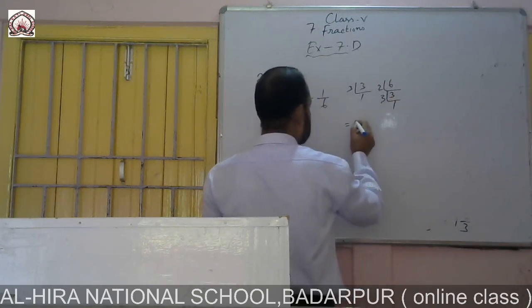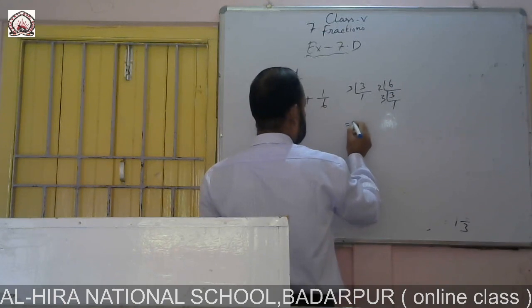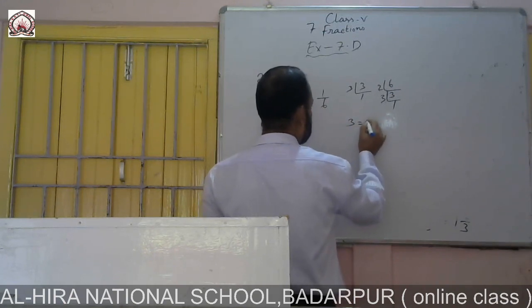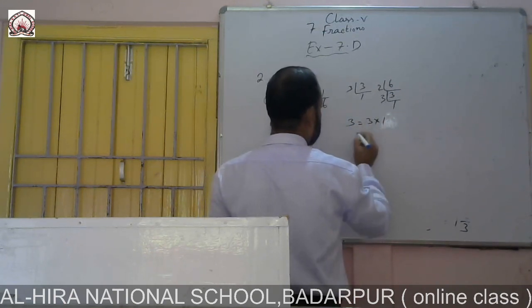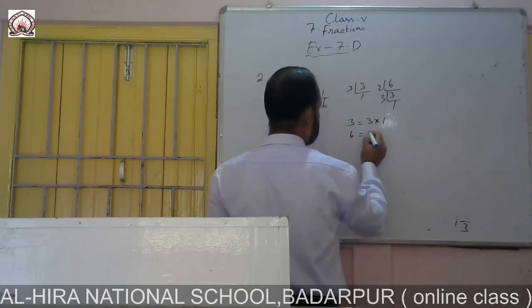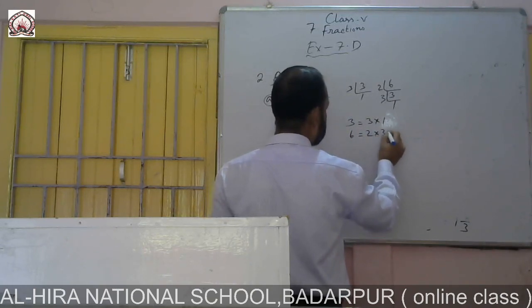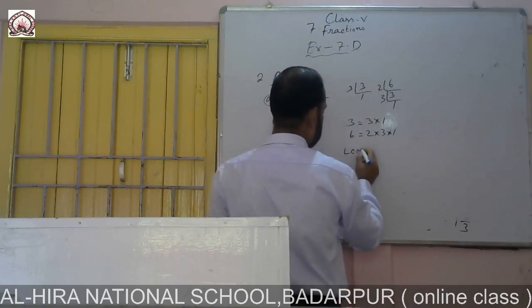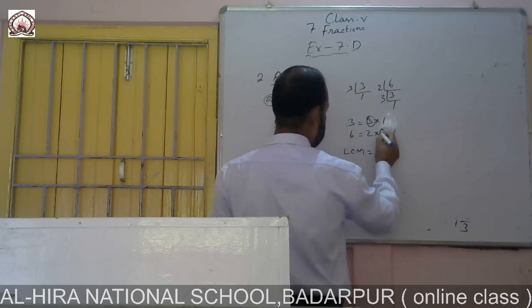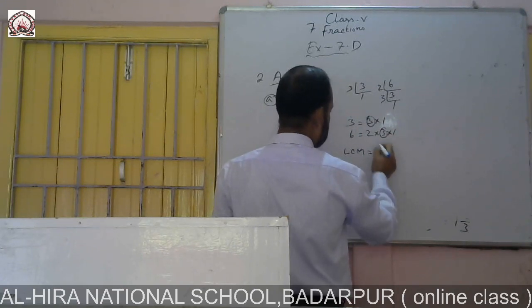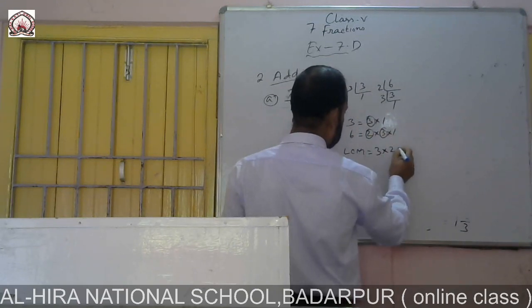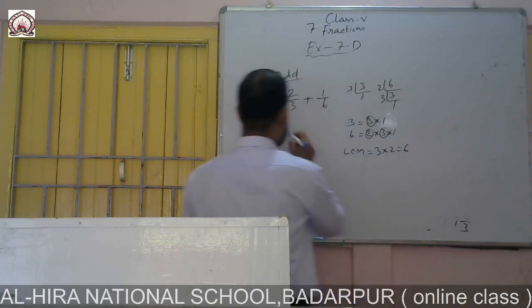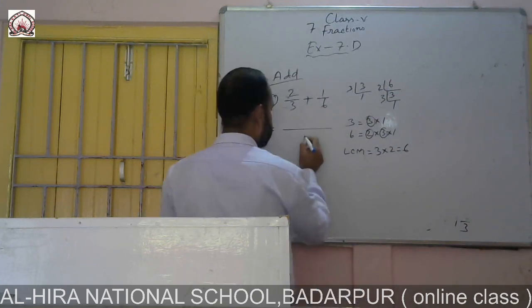So 3 equals 3 into 1 and 6 equals 2 into 3 into 1. Now LCM equals the common 3, and 1, 2 remain. So 3 twos are 6.